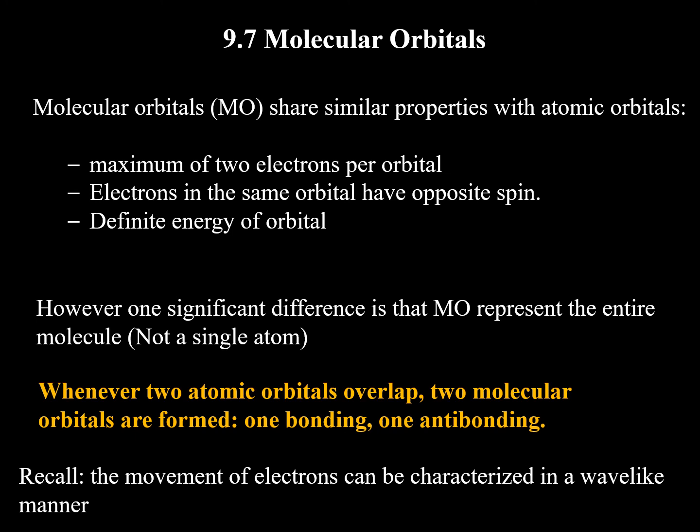One new point with molecular orbitals is whenever 2 atomic orbitals come together, one bonding orbital forms and one anti-bonding orbital forms. Bonding orbitals help with the bonding, and as the name suggests, anti-bonding is the counter of the bonding orbital.